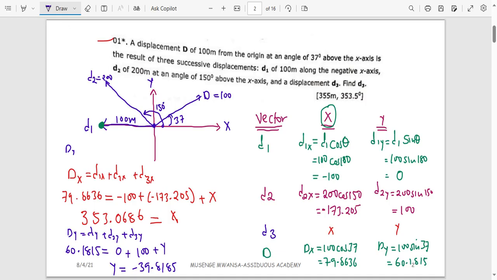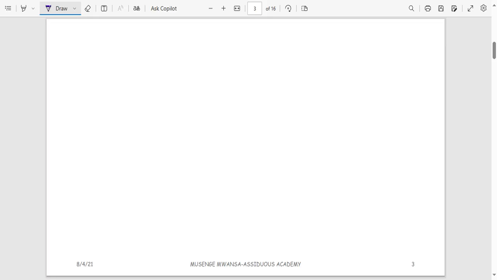Now remember the equations that we gave earlier on. If you know the x component and you know the y component, you can use the Pythagoras theorem to find the resultant. The resultant of a vector is what we call the magnitude of that vector.